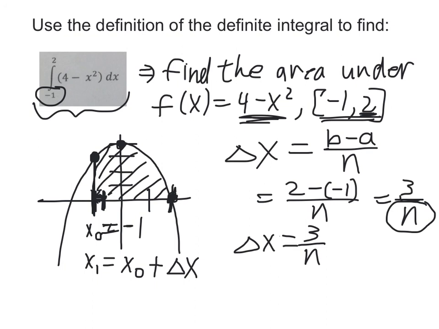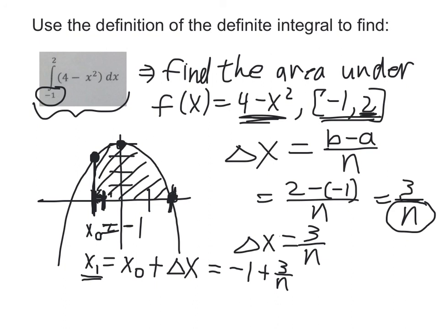So really, in general, x sub 1 can be represented this way. And now, in particular to this problem, x sub 1 is going to be negative 1 plus what? Negative 1 plus 3 over n.